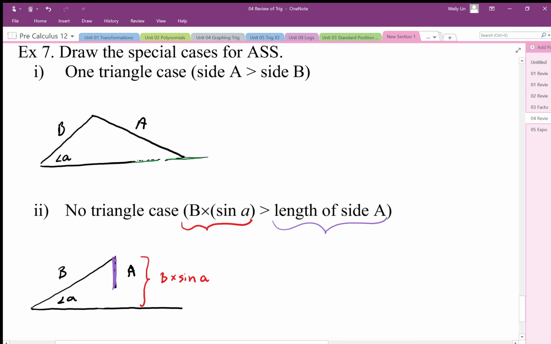So there's no triangle that we can make for this particular case. And these are both angle side cases. These are the ones that we have to worry about, the ambiguous case. But in this case here, we do not need to worry. These two cases, we don't need to worry about the ambiguous case. Here, this one here, we don't even have to worry about solving it because it's not possible.